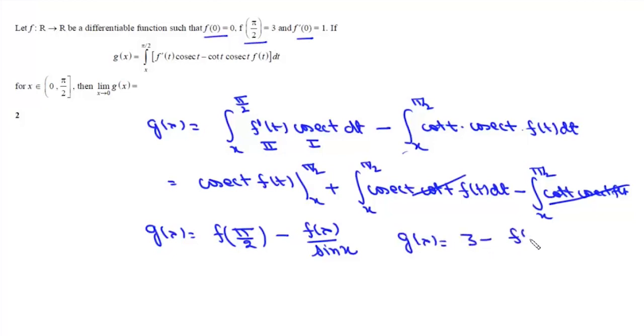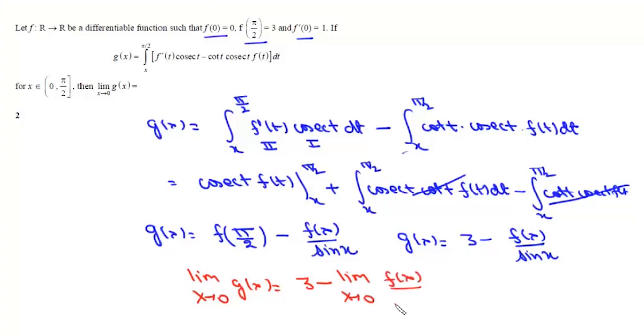Now f(pi/2) is 3, so the value of g(x) is 3 minus f(x) upon sin x. Now we need to find the limit as x tends to 0 positive of g(x). So if we take this limit, as x tends to 0, g(x) will be 3 minus the limit as x tends to 0 of f(x) upon sin x.